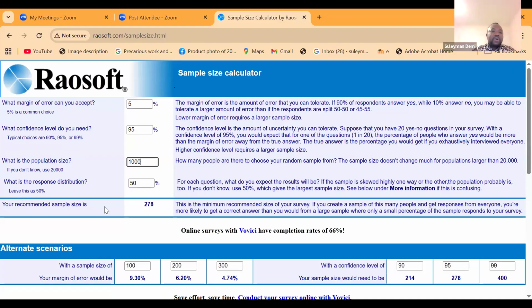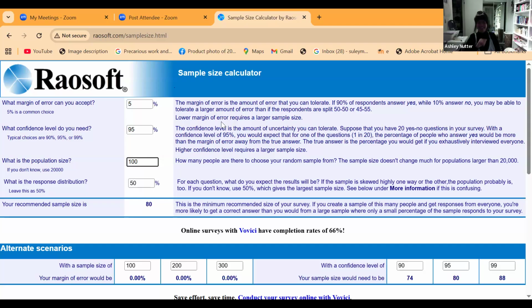This proportion should always be left at 50%. What margin of error do you want us to use? If it's 1,000, I'd say 1% because that's a pretty large sample, no? Oh, you said 100, right? Let me work with your 100 first. Then we'll go to the 1,000 and you see the difference.